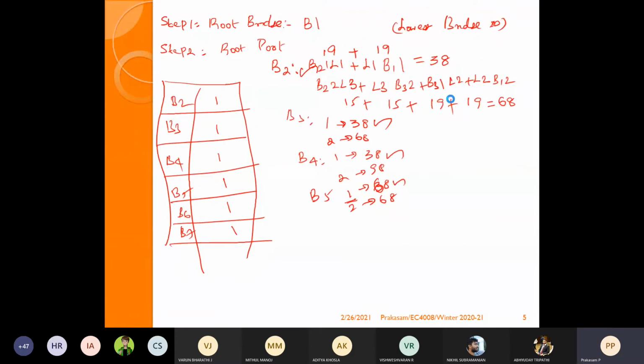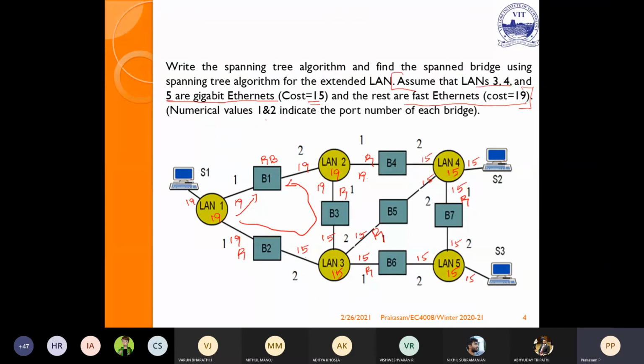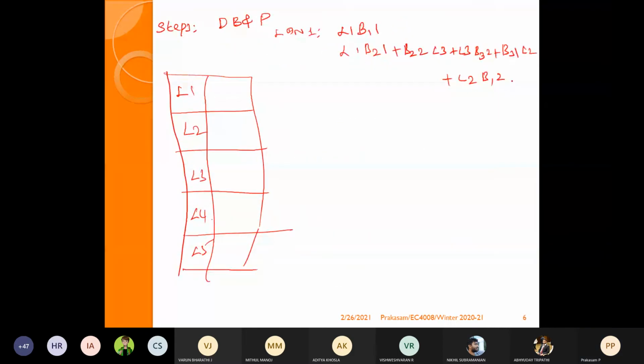We calculate the cost. Here it is 19. Here 19, 15, 15, so 30, 49 plus 38, 57, 87. So here it is 87. So 87, 19. This is the least cost.